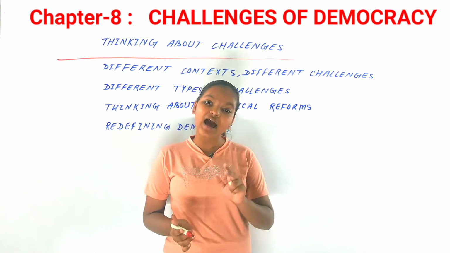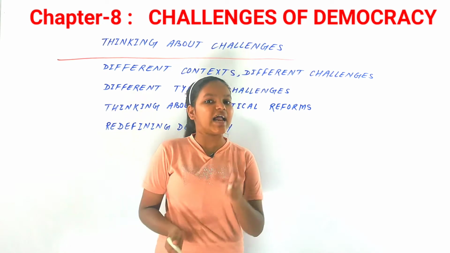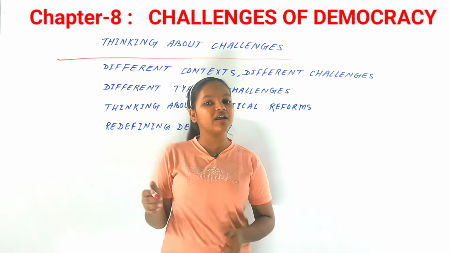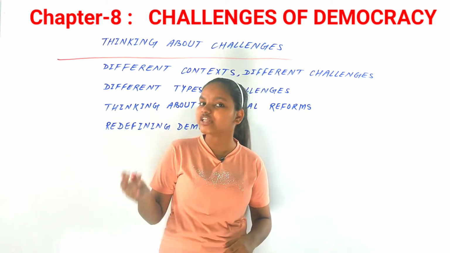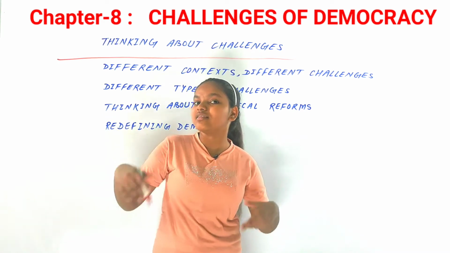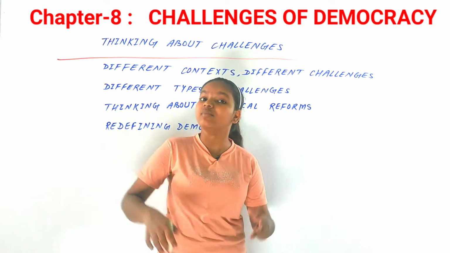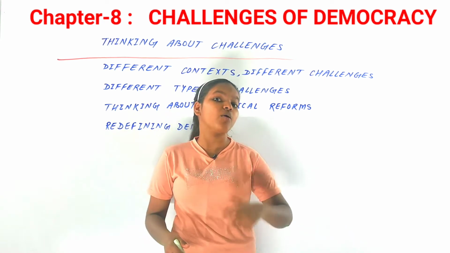Challenges are meant for progress, and that can be seen in democratic politics as well. Democratic politics does not have a rival, but it is challenged by many critics, and if it overcomes all those challenges, then it is more powerful.